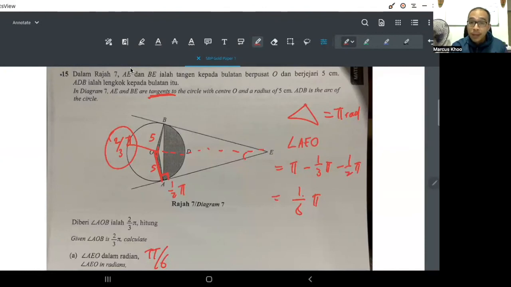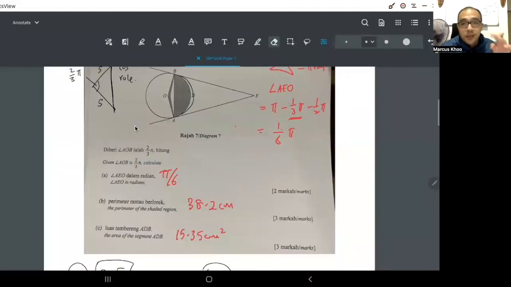Pi is 180, so half pi is 90 degrees. And then this whole thing is 2/3 pi. So divide by 2, I'll get 1/3 pi. So 180 minus this 90 degrees, I will get this one is 1/6 pi, in radians.